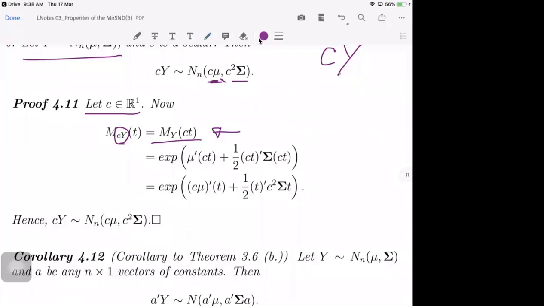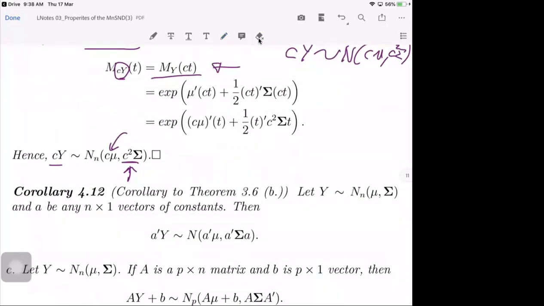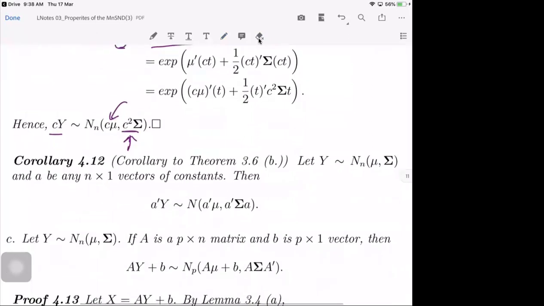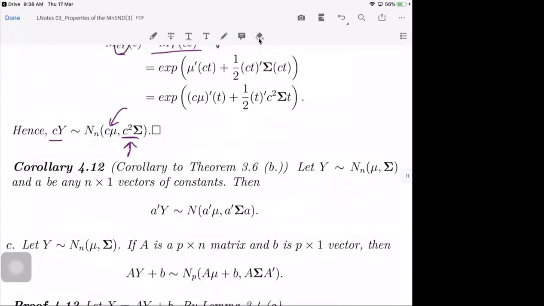The next transformation that we will do is just a corollary. So if we multiply it by not a scalar but a vector a prime, it will be a prime mu.